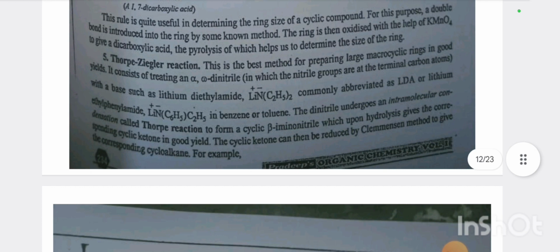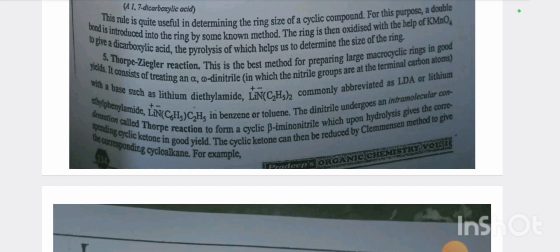Thorpe-Ziegler reaction. This is the best method for the preparation of large macrocyclic rings in good yields. It consists of treating an alpha, omega-dinitrile with a base such as lithium diethylamide or lithium N-methylanilide, in benzene or toluene.